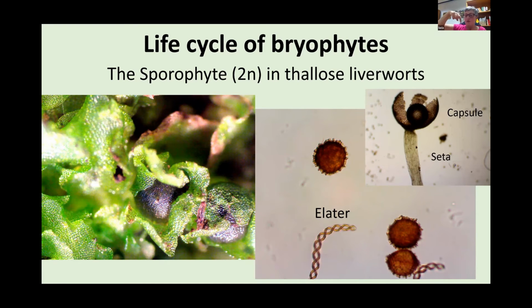which when it's enclosed in the capsule, is full of water. When the capsule opens, it starts to dry out, and when it dries out, effectively it starts to twist and deform, and it will be under tension, a bit like a coiled spring.